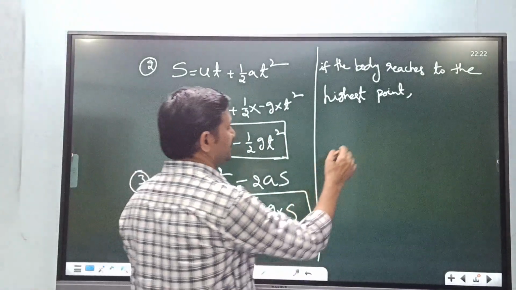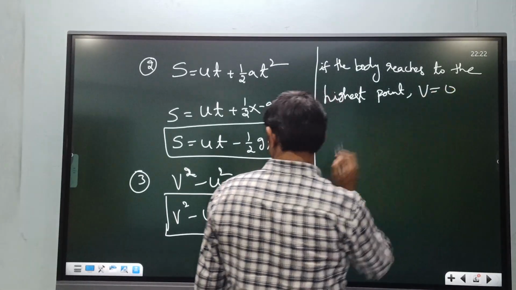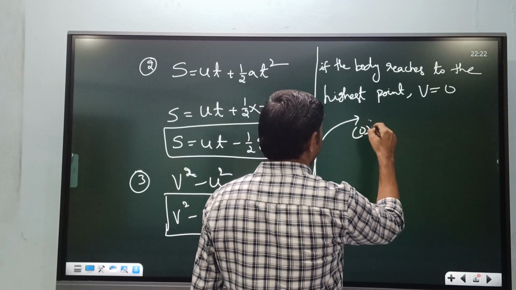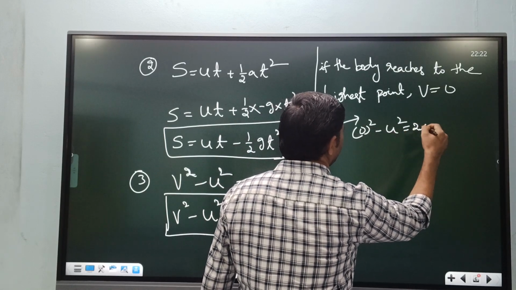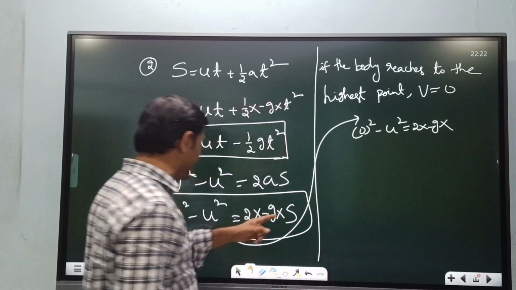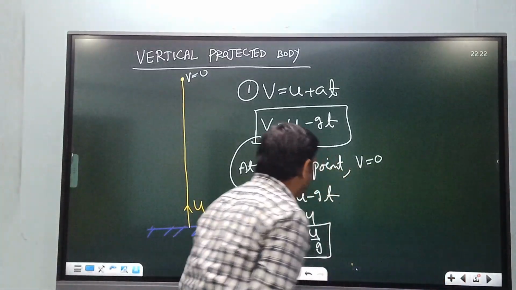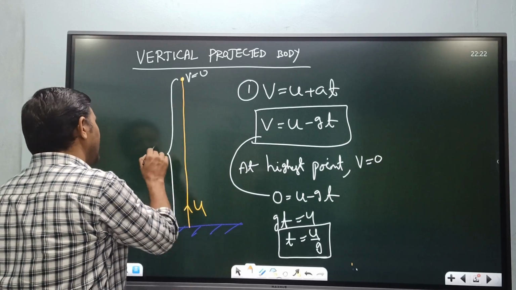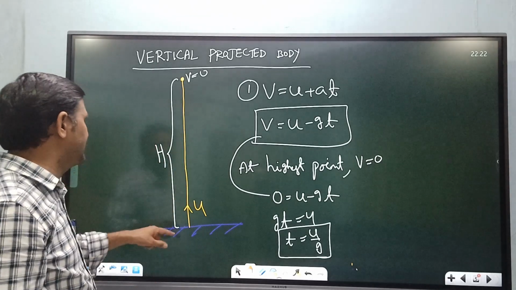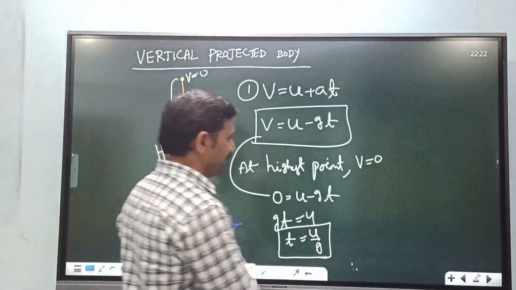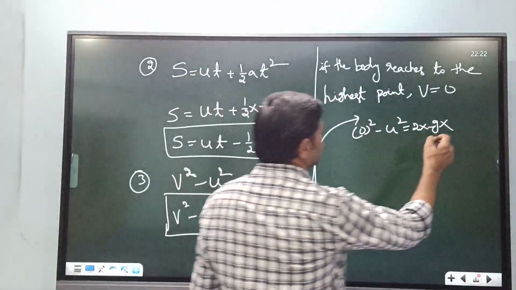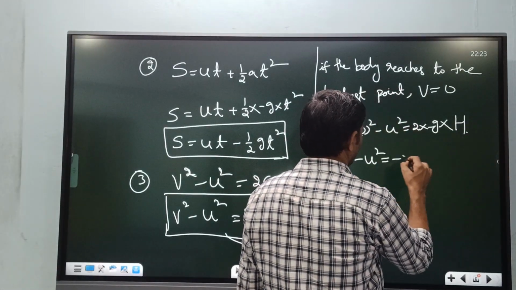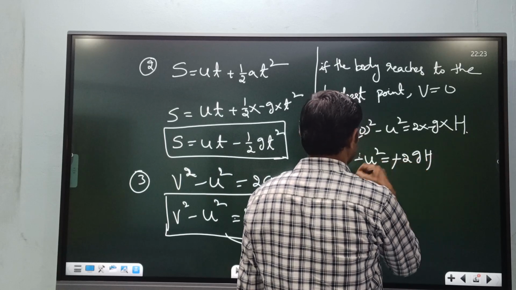Now how does this equation change? 0 square minus u square is equal to 2 into a, which is minus g, and s is the maximum height, so s is replaced by h. So minus u square is equal to minus 2gh, the minus cancels.